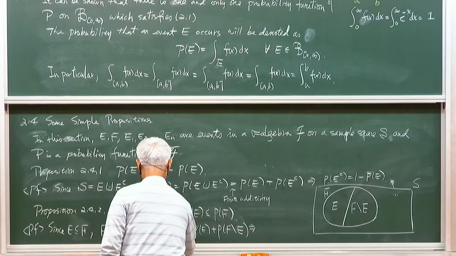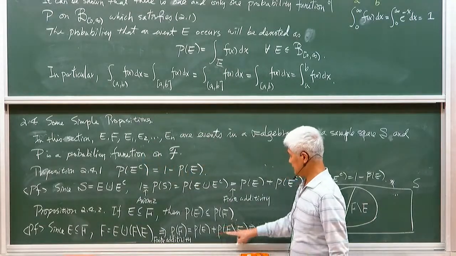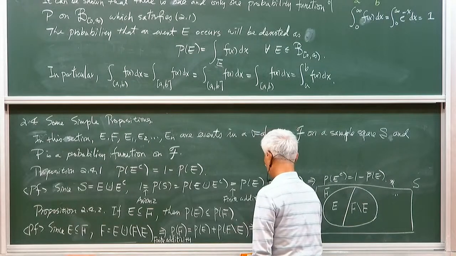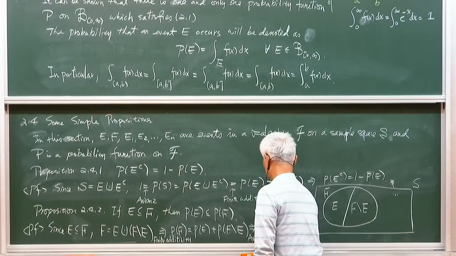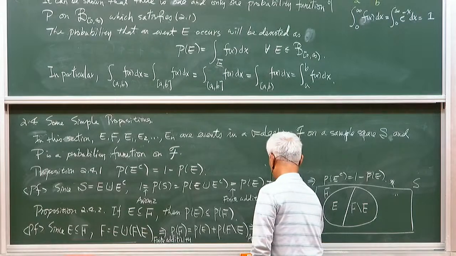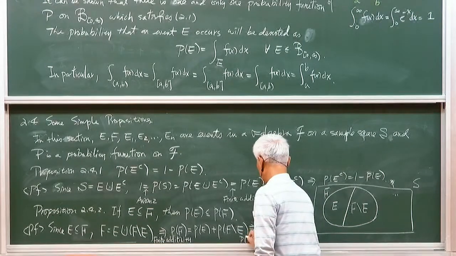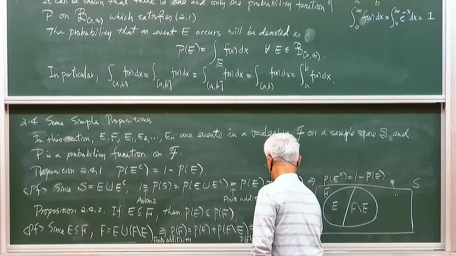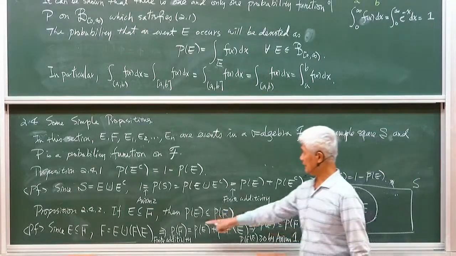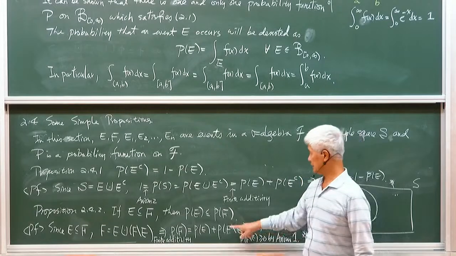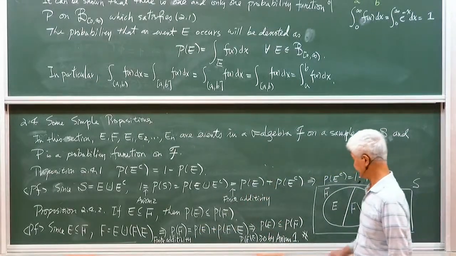And because any probability is non-negative, by axiom number 1, P(F) is the addition of two non-negative numbers, so P(F) is greater than or equal to P(E).